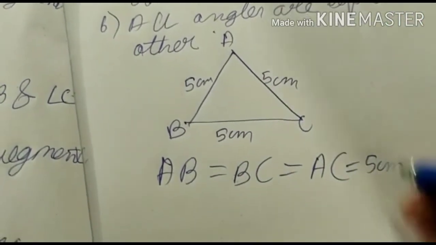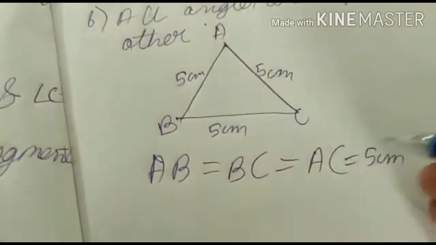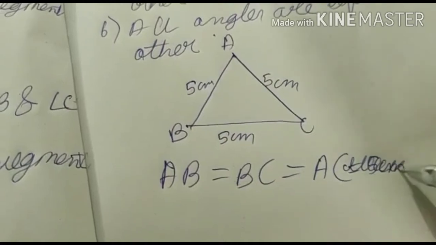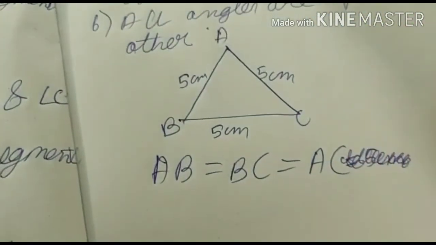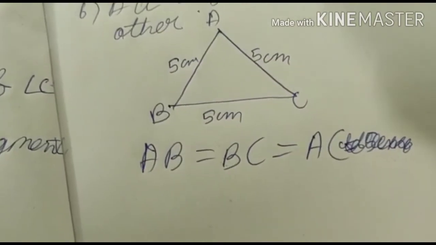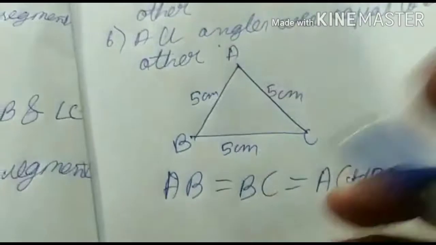5 is not exactly the value; I am just taking an example. It can be 6, 6, 6 also, 7, 7, 7 or 100, 100, 100. Any length, meaning all lengths are equal to each other.